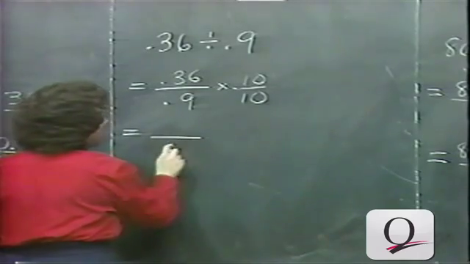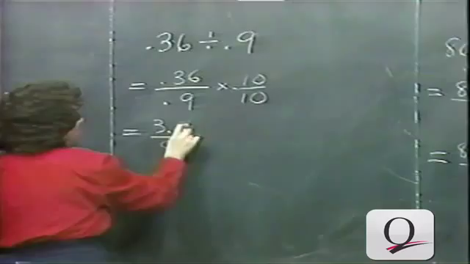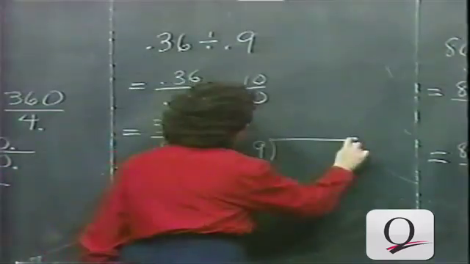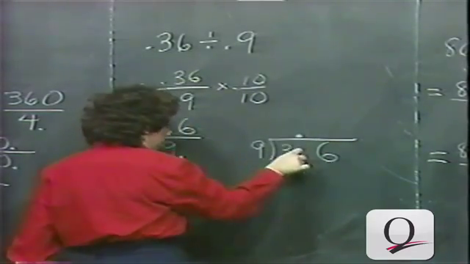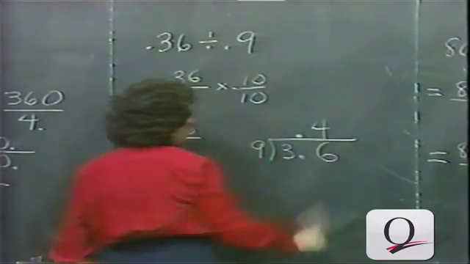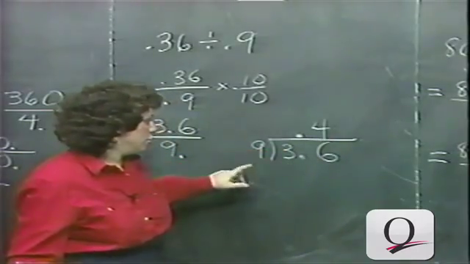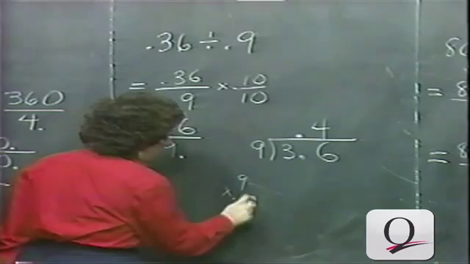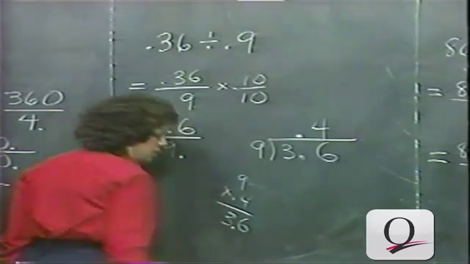This will give us in the denominator 9 point. The numerator will become 3.6. So this is 9 into 3.6. Decimal point over that in the answer, and 9 into 36 goes 4 times. So the answer here is 0.4 or 4 tenths. And of course you can check: 9 times 0.4 would be 36 with 0 plus 1, 1 decimal digit.